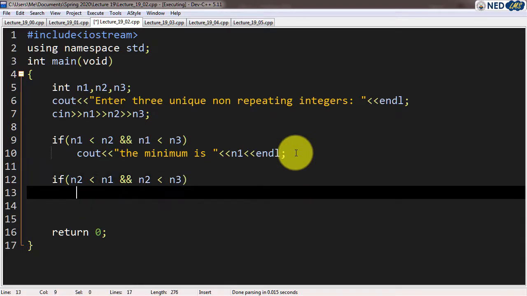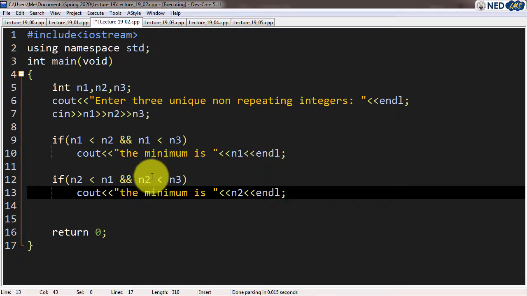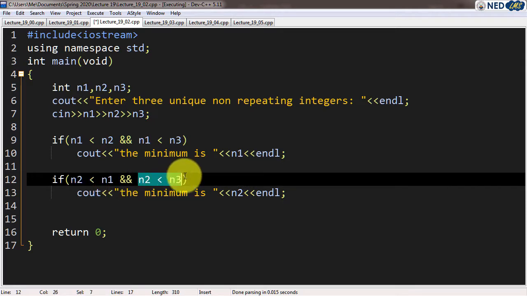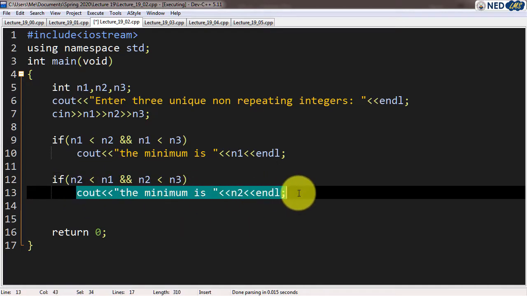So I'm going to write cout, the minimum is n2, and that's it. So that means that if n2 is the smaller of these 2 numbers, I can write the compound condition. If this condition is true and at the same time this condition is true, the logical output of the whole expression would be 1, and this statement will run.